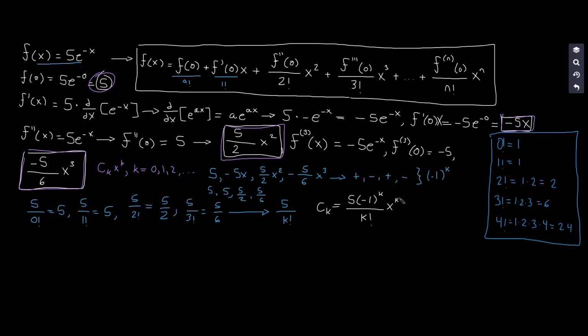And well, a power series, let's see here. Power series, that's an R. A power series has the form of the summation of c sub k times x raised to the power of k, as we've established before.